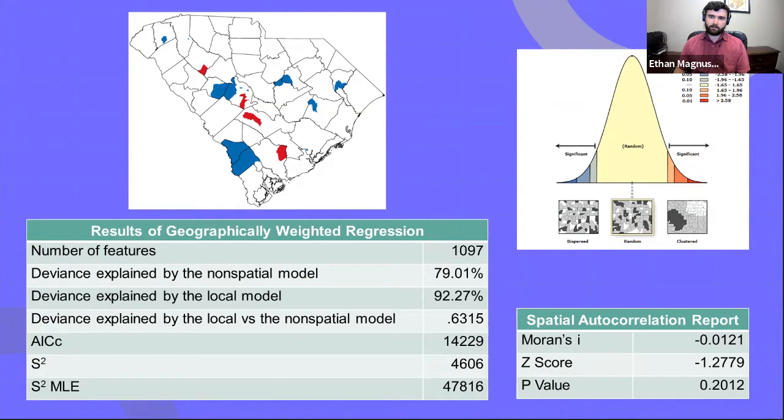But it is our belief that with slightly different parameters and a little bit of tweaking, we could get it to the point where geographically weighted regression is a more efficient way of predicting eviction variation on the local level.